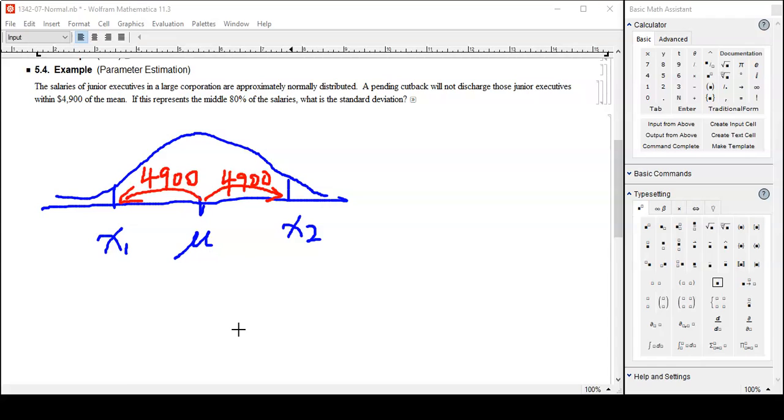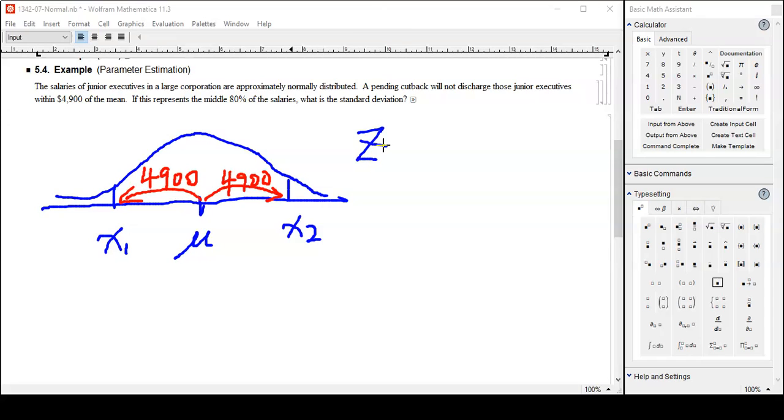So I don't know the x value, and I don't know the mu value. But x minus mu I know. That differs by 4,900. Make sense?